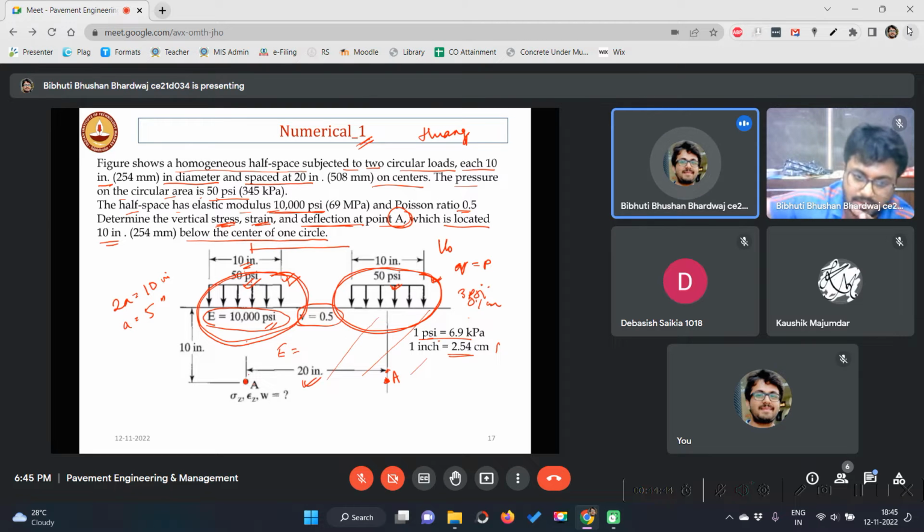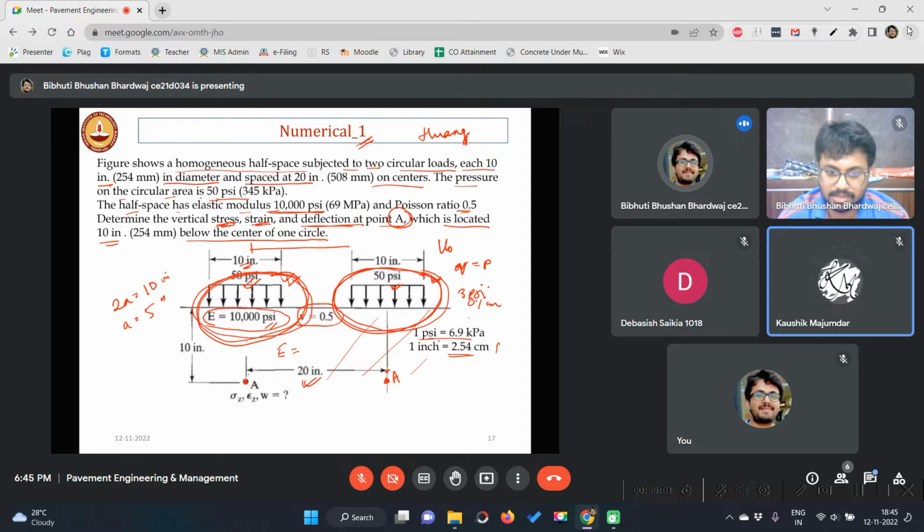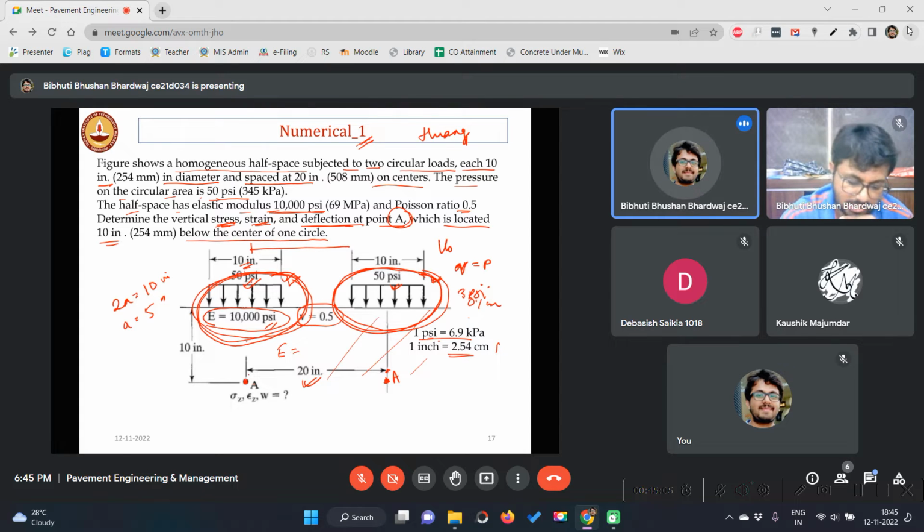So R will be higher. This will give maximum and this will give minimum, but ultimately it's symmetric, right? Yes, sir. Isn't it symmetric? Do you agree now that if I consider this point also, we will get the same values?